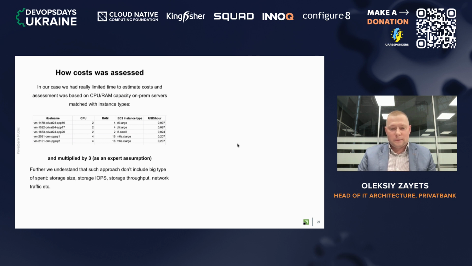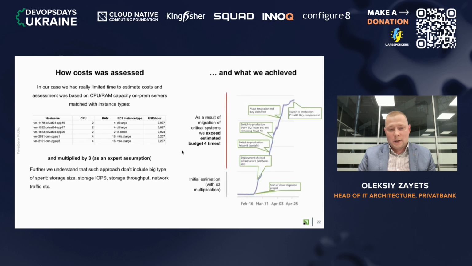We showed that the number of CPUs and RAM correlated with price by a coefficient. Maybe we were wrong, but we even didn't understand by how much.